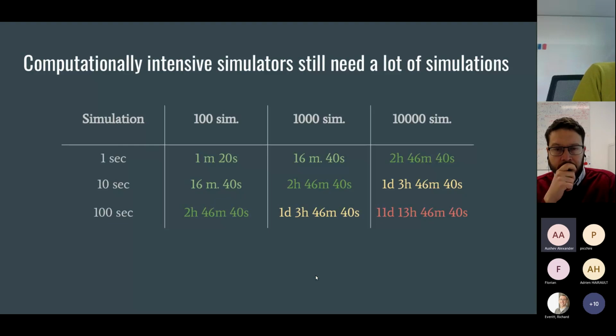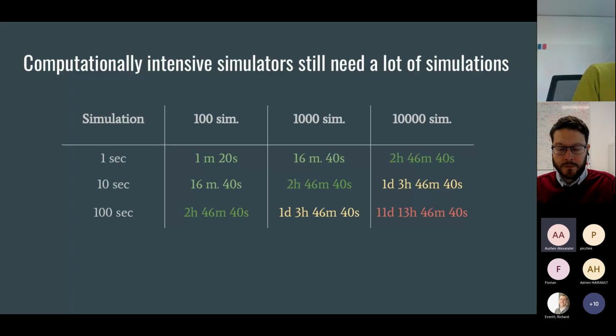Even if the simulator takes 100 seconds, which is a very small time to generate synthetic data sets, it already takes a huge toll on the inference time. Let's say we have 10,000 simulations.